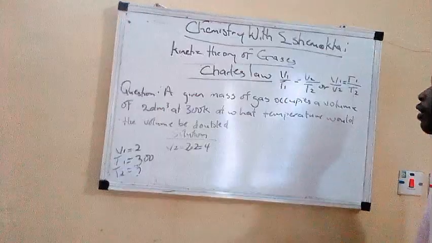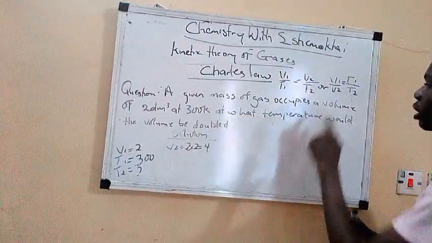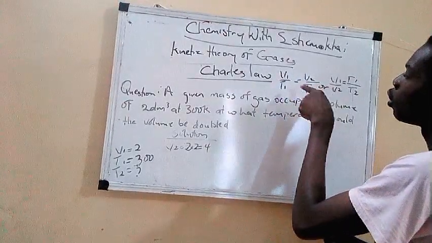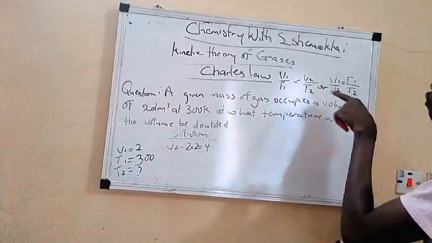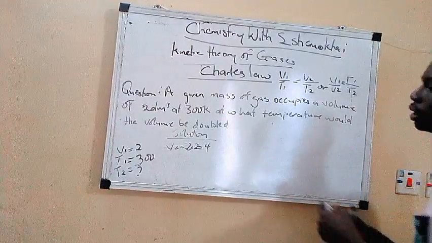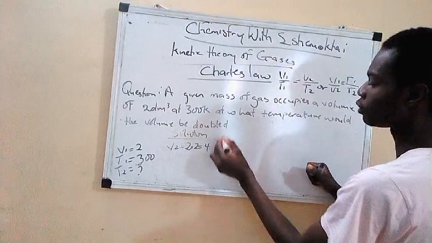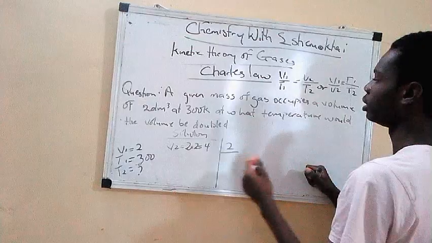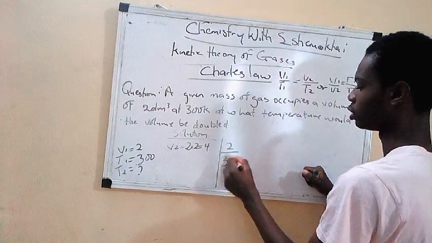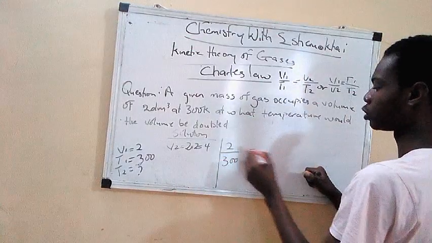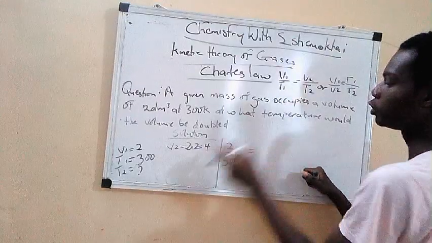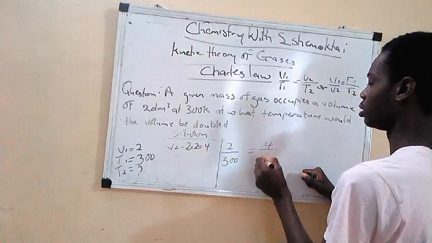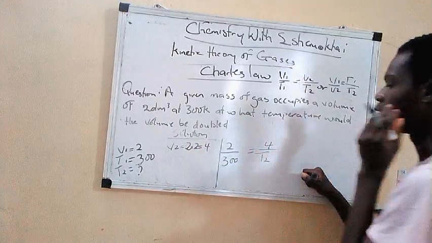Do you understand? Alright, now let's use this to calculate. Now the formula is what? V1 over T1 equals V2 over T2, or V1 over V2 equals T1 over T2. Let's use this first formula. V1 is 2 over T1 is 300, equals V2 is 4 over T2.